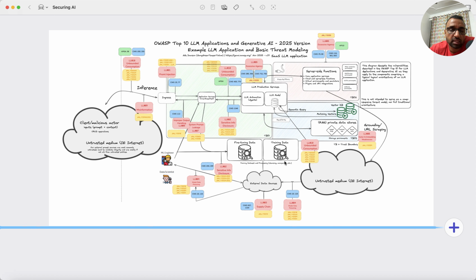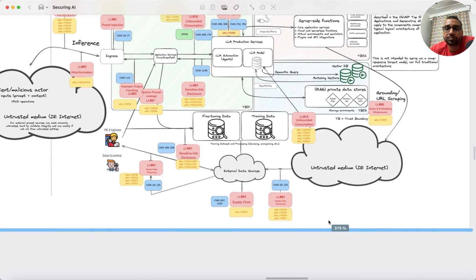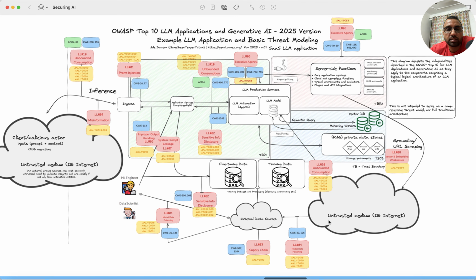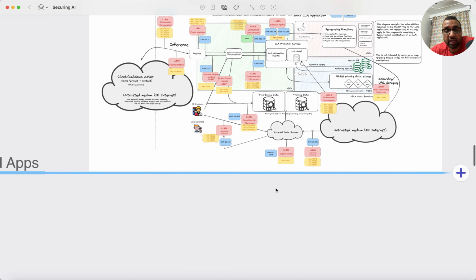It also has zoned the entire architecture into various zones like untrusted, medium, then the trust boundaries, and then specific attacks related to consumption, the LLM top 10 attacks, 2025.